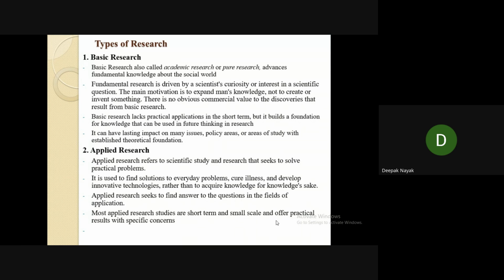If you see, basic and applied research are just opposite to each other, but in many places, at many times, they complement each other. Basic research provides foundational knowledge to applied research. When applied research is conducted, it has to see the theoretical background.